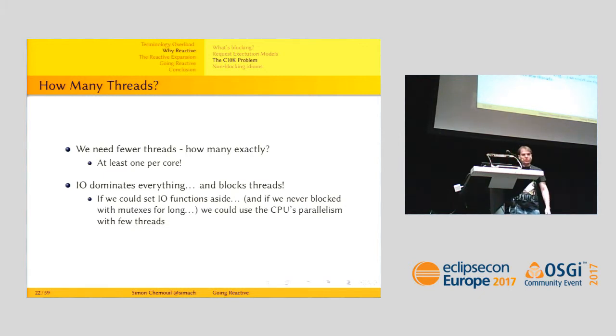Going through the network is going to take years. A packet from California to the Netherlands takes 10 years. So we need to find a way to set I/O aside so that it doesn't block our threads, and so that we can benefit from as much parallelism from our CPUs while still having very few threads.